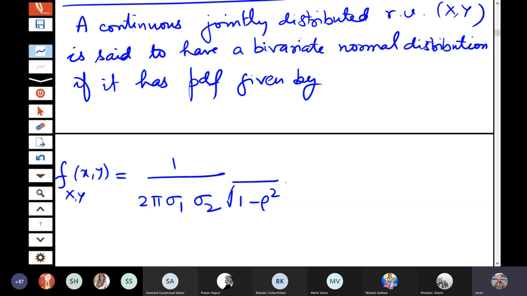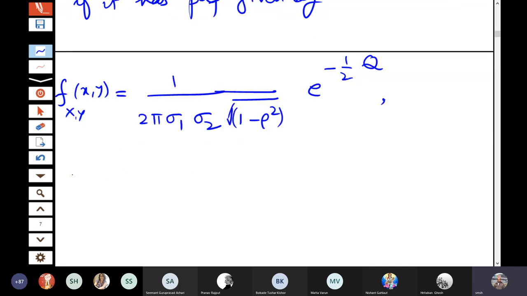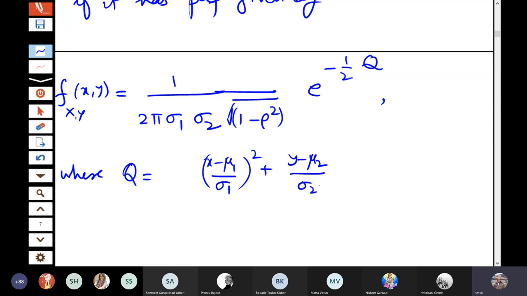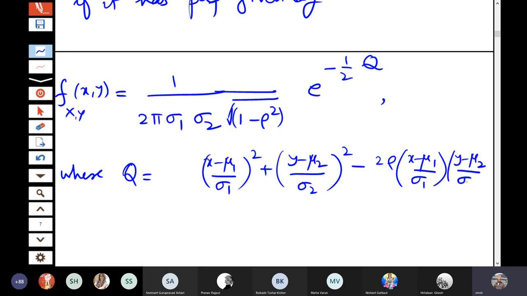Multiplied by 1 by square root of 1 minus rho square, and then you have e to the power minus 1 by 2 q, where q is ((x minus mu 1) by sigma 1) square plus ((y minus mu 2) by sigma 2) square minus 2 rho ((x minus mu 1) by sigma 1)((y minus mu 2) by sigma 2), multiplied by 1 by (1 minus rho square).